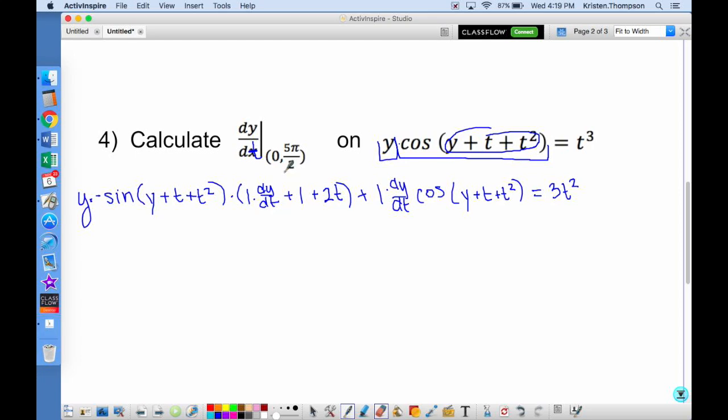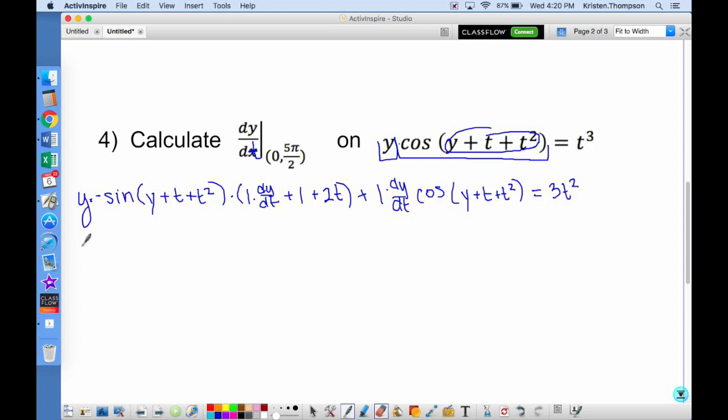However, because this problem is not actually asking us for the derivative dy dt and just to evaluate it, you can also use a shorthand method for implicitly defined functions. Once you've taken the derivative, since this statement is true, you can just start to plug in 0 and 5 pi over 2 and just solve for dy dt for that specific point.